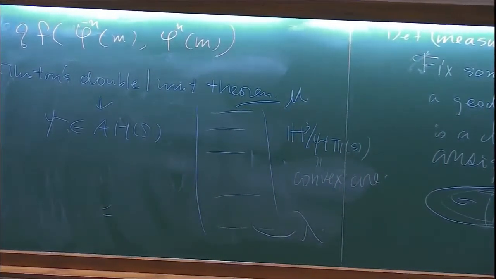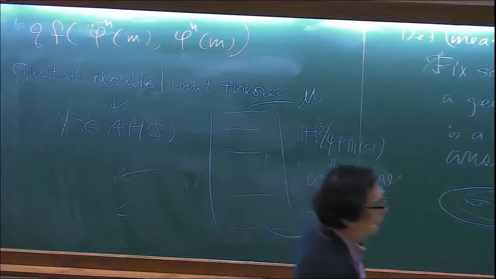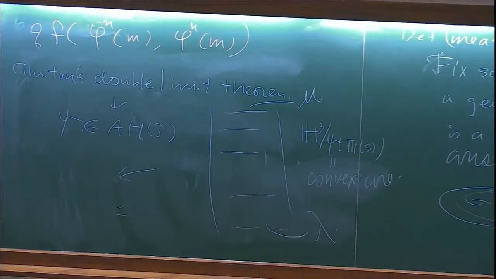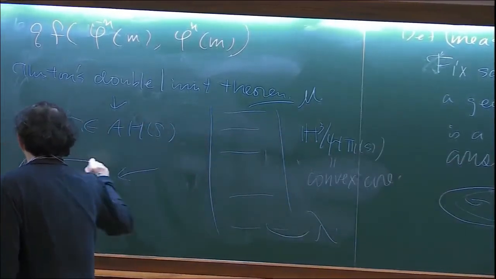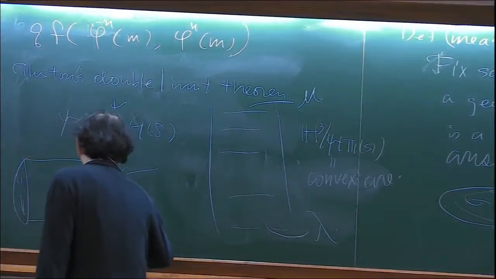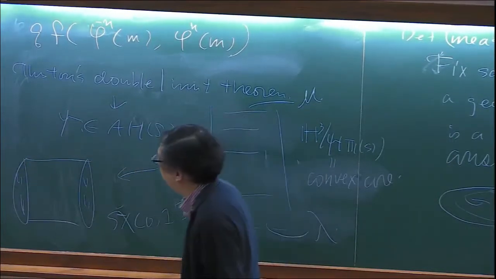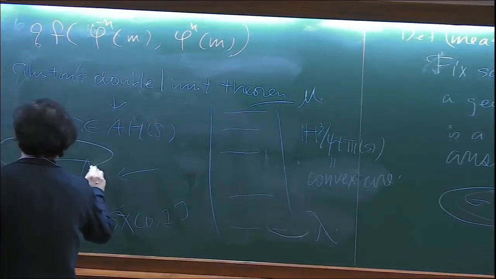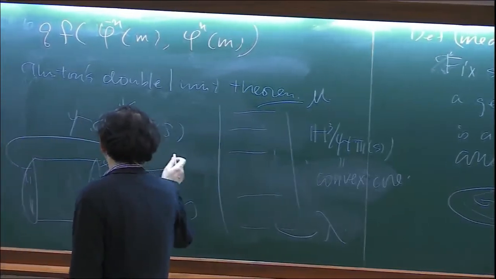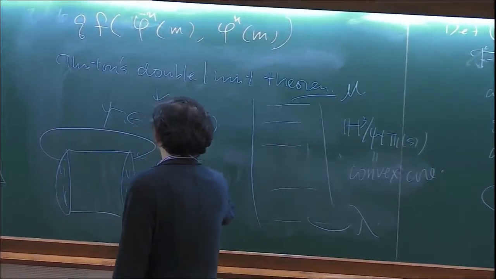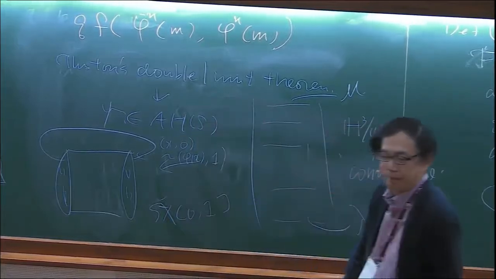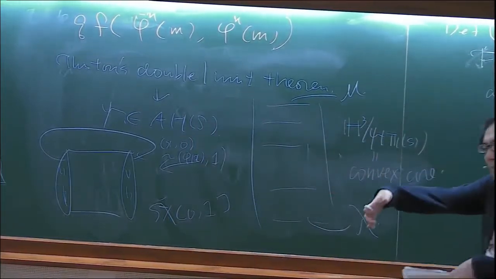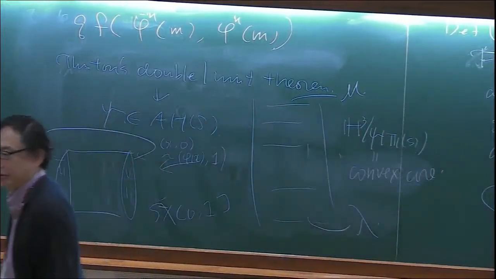Actually, this example was constructed by Thurston to show that there is a hyperbolic structure on a surface bundle over a circle. If you consider S times the unit interval and paste one side to the other, identifying x0 with phi of x1, then you get some S bundle over S1.